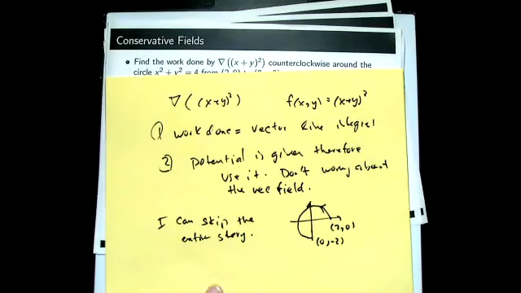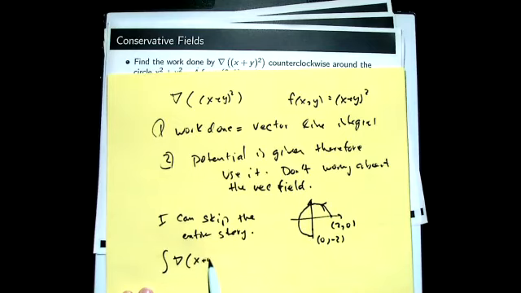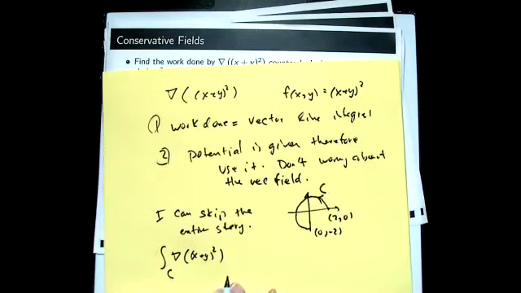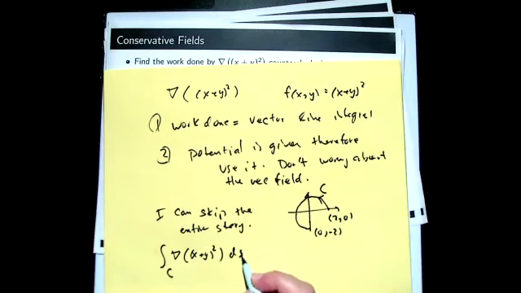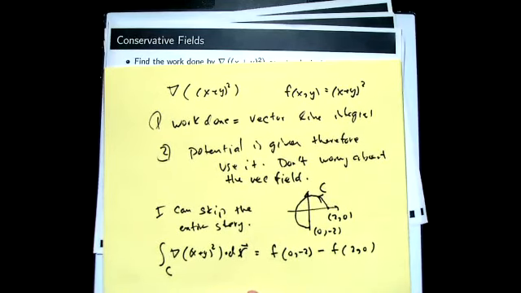The last page tells me that the vector line integral over this C is just going to be f evaluated at (0, -2) minus f evaluated at (2, 0). That's all. Don't even bother.